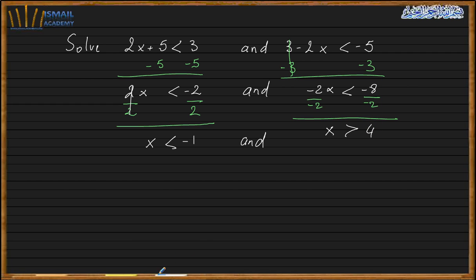So in my number line, I put minus 1 here, and 4. X is less than minus 1. X is greater than 4.